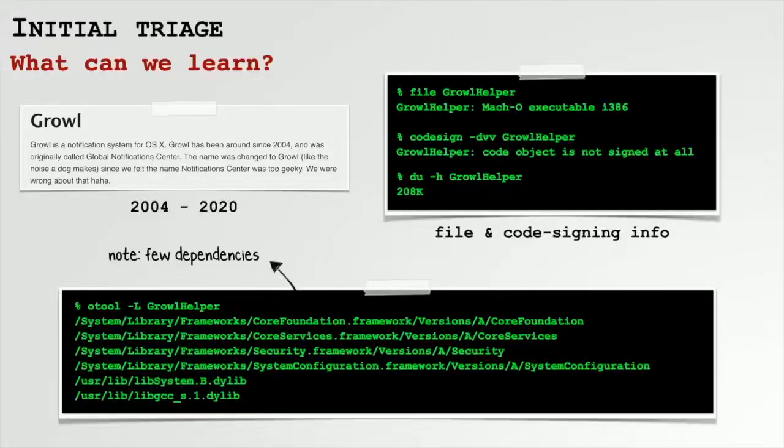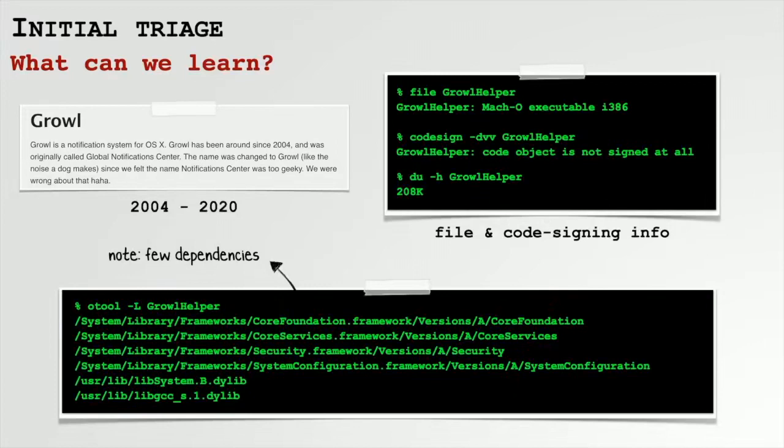So if we download this file, what do we get? We have the name Growl Helper, so we know that is the name that the binary gives itself on the system. Now, Growl was a popular notification system on OS X, first released in 2004, retired in 2020.